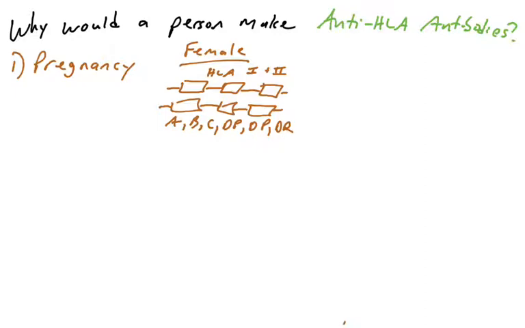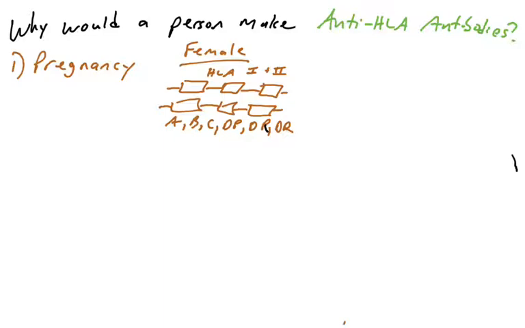So I've drawn the genome of a female here, the genes that code for the HLA class 1 and class 2 genes, and I'm not going to list them all out, but obviously A, B, C, DP, DQ, DR. I should write DR right there. And I've drawn both chromosomes at this point here for the female.